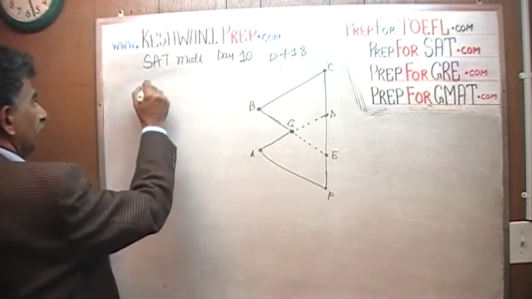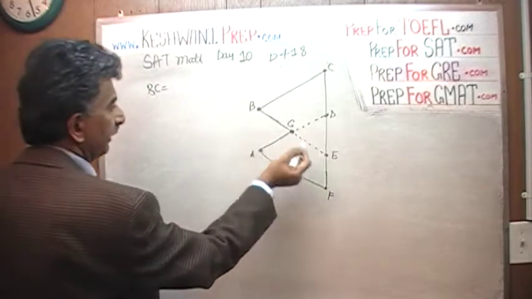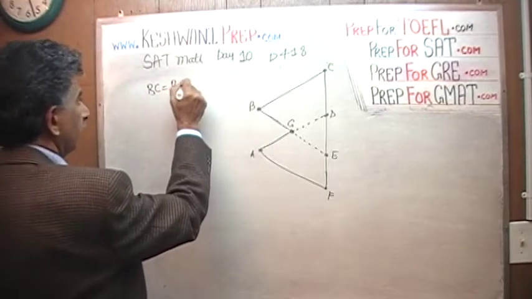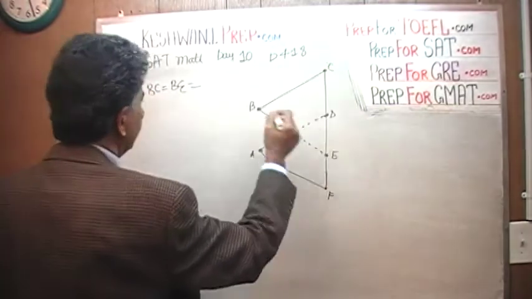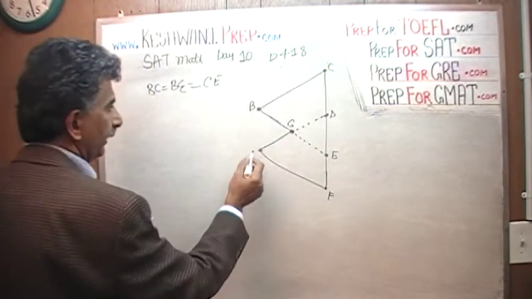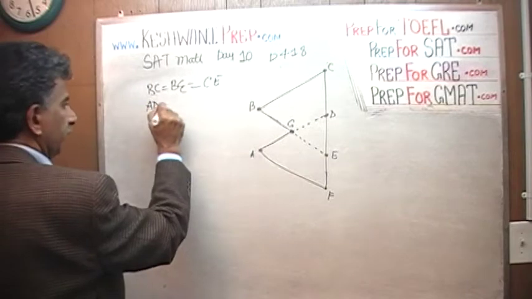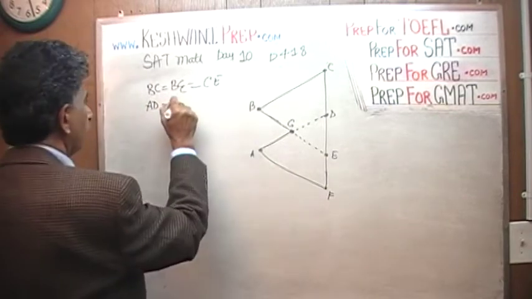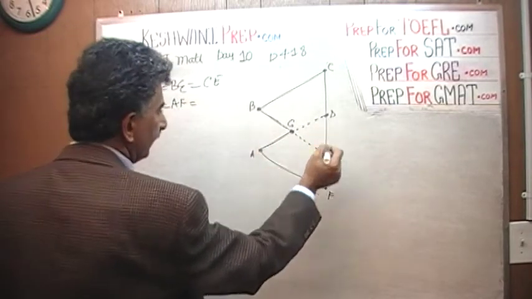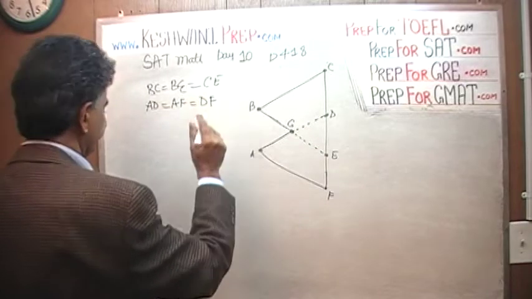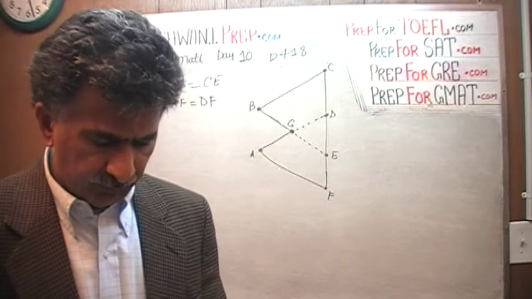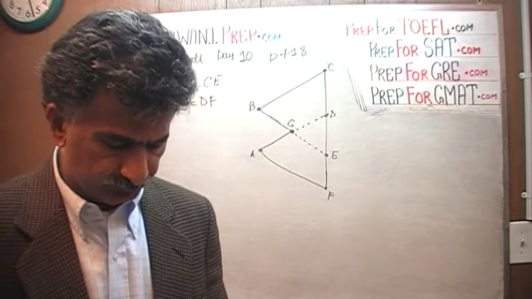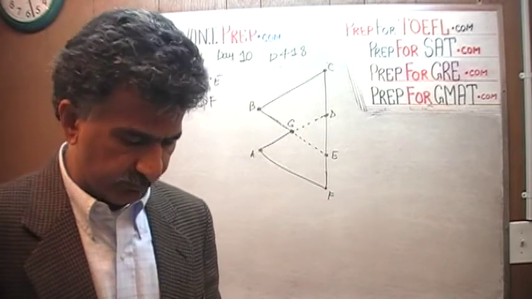Which means B to C equals B to E, and it also equals C to E, and A to D equals A to F, which also equals D to F. Because the ribbon is to be sewn around the entire edge, it is necessary to know the perimeter of the flag. So they're looking for the perimeter.